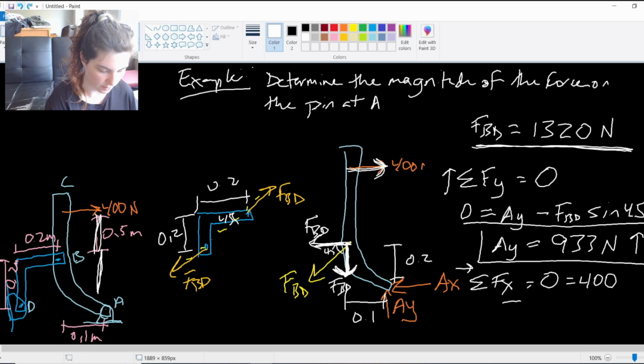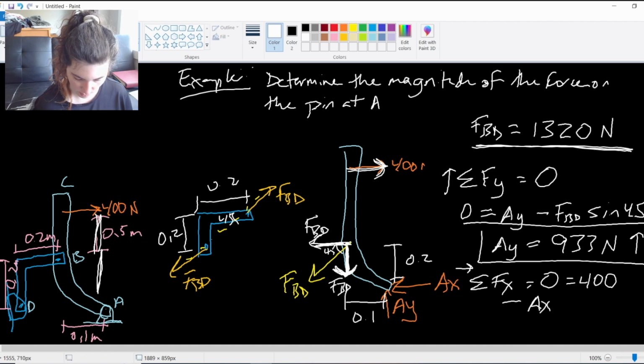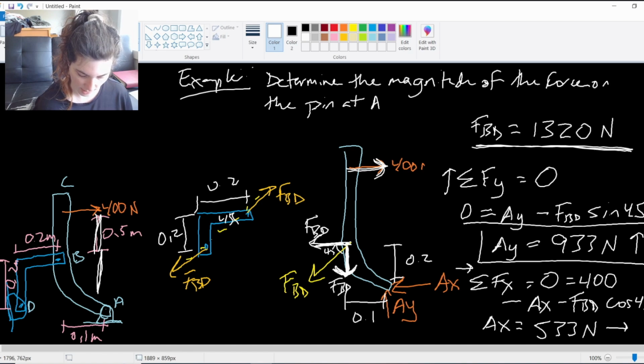These are both in the negative direction. Minus AX minus the X component of FBD, cosine 45. Of course, I can plug all of that into my calculator, and that gives me AX equals 533 newtons to the right.